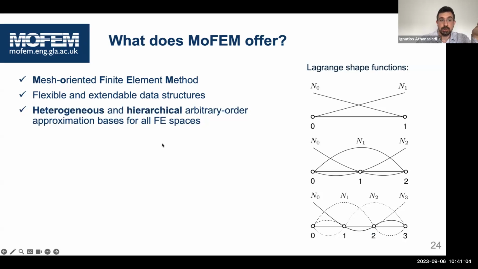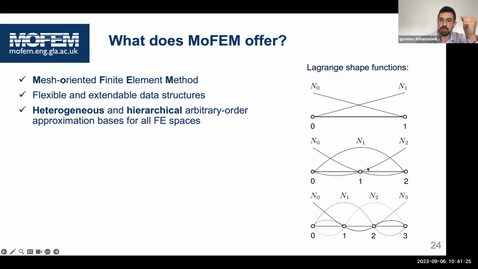It brings the heterogeneous hierarchical base, and here I would like to just remind you how the standard bases that are used in literature and in many codes are the Lagrange shape functions, where for the first order we have 2 nodes and 2 shape functions.